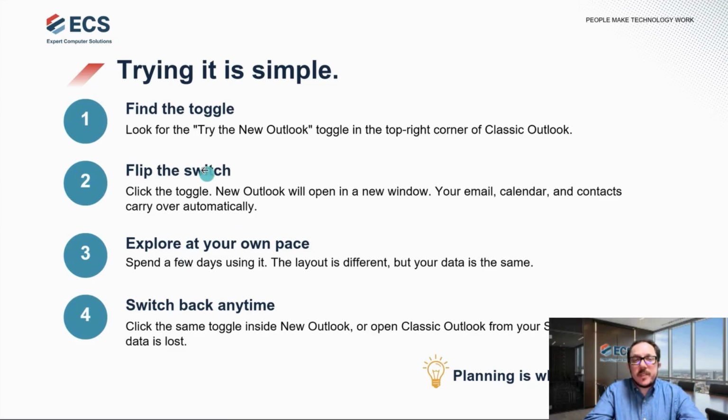If you have Microsoft 365 installed, the way to switch is quite simply by flipping a toggle. There's a little toggle that I'll show you in a little bit that says try the new Outlook. You flip it, and you can also flip it back if you don't like it. Flipping the switch opens the new Outlook. It will load it and configure it just like your classic Outlook is configured. You can explore it in your own time frame and switch back anytime you want to.